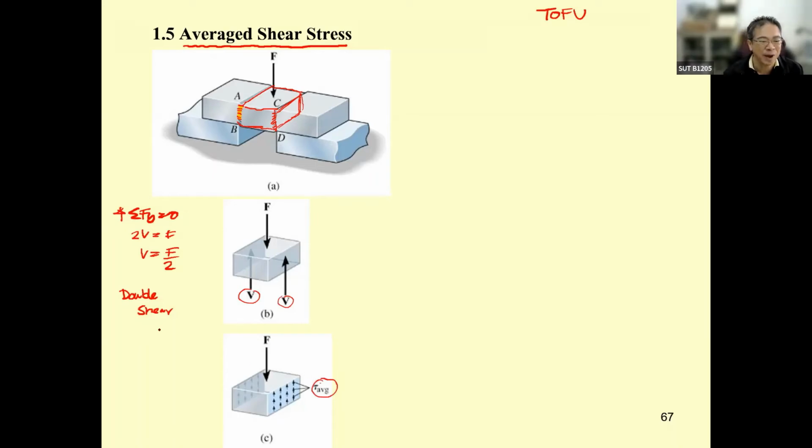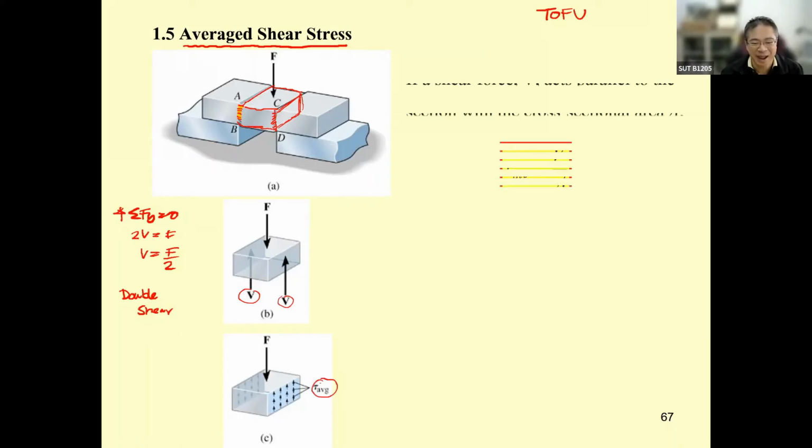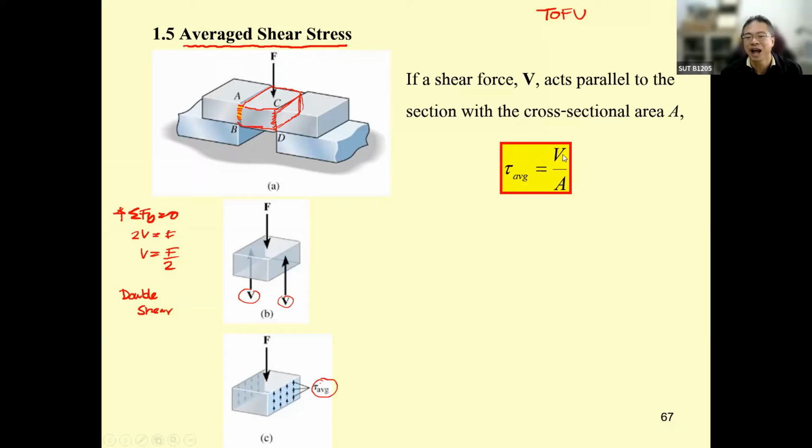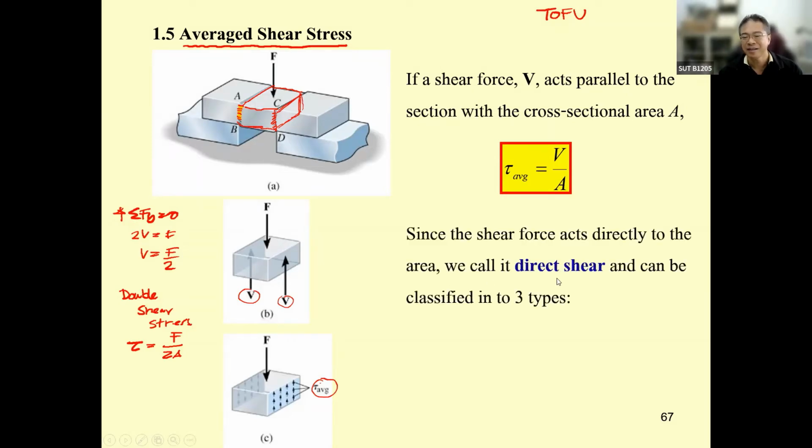If this is direct shear, the stress is the shear divided by A. So here the shear stress will be F divided by 2A for double shear. It is different from single shear stress, where V is equal to the applied force. This is called direct shear because the force produces the shear directly.